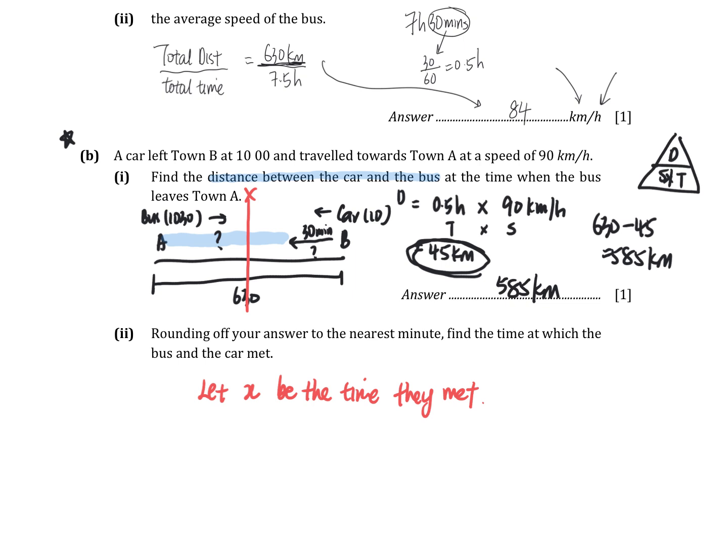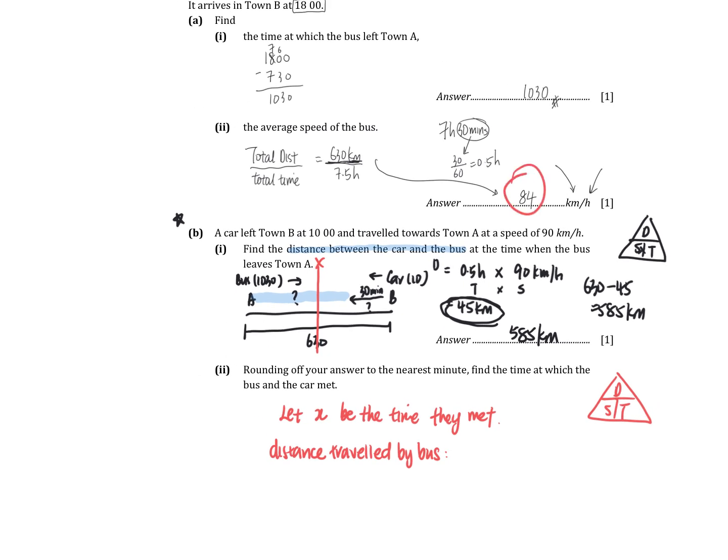Okay. So if this is the time that they have met, I can first find the distance traveled by the bus. So remember, to find distance is speed times time. I already know what is the speed of the bus.